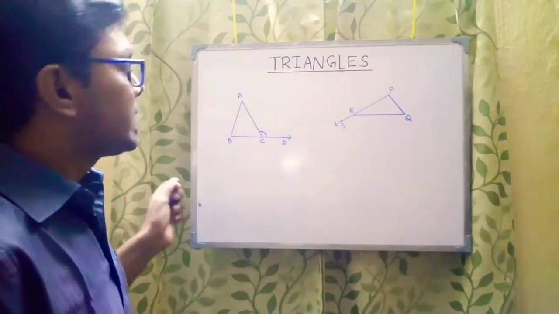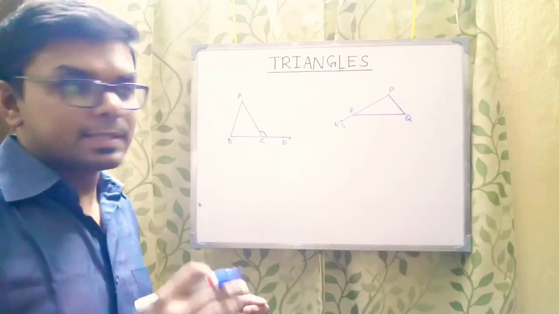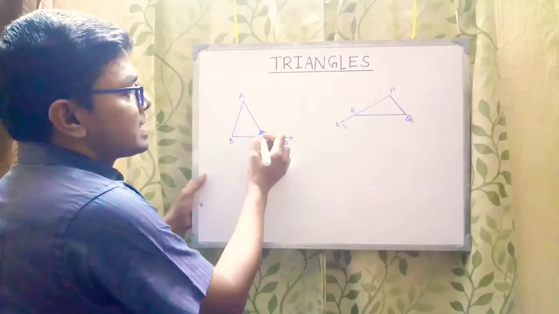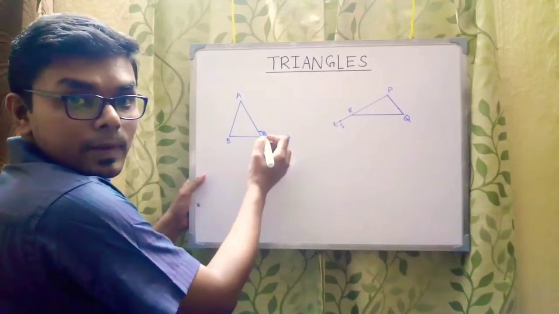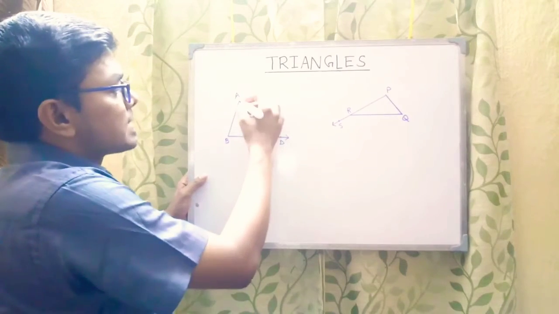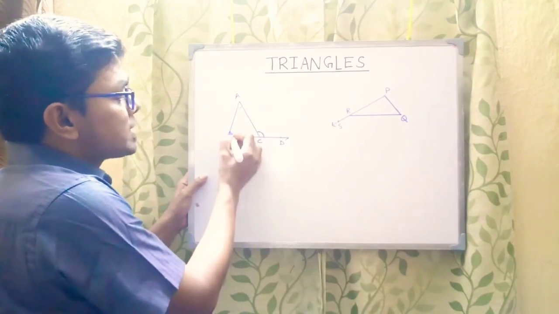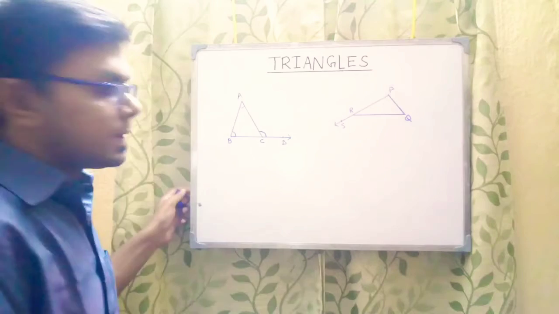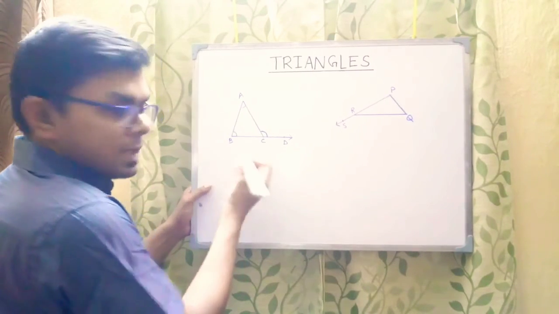Now the exterior angle property says that any exterior angle of a triangle equals the sum of the opposite 2 interior angles. Let me write it.